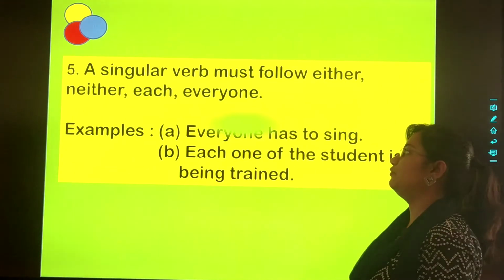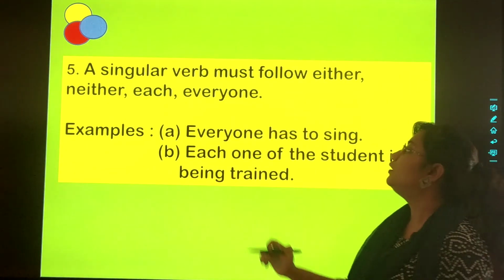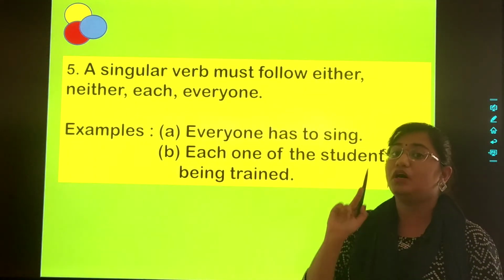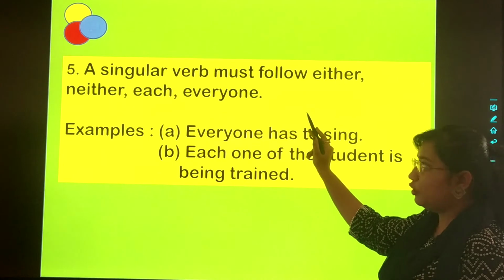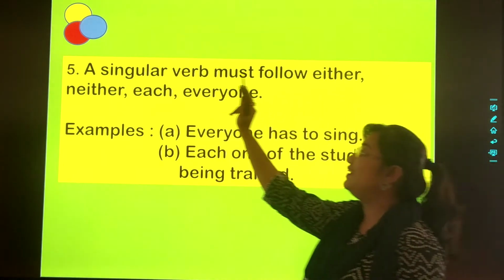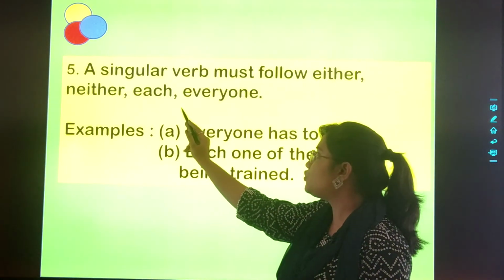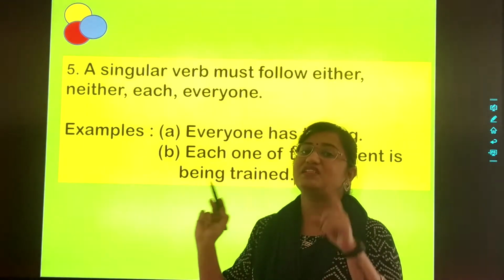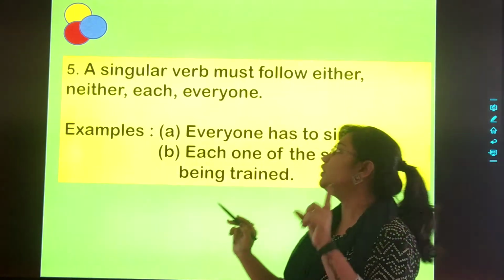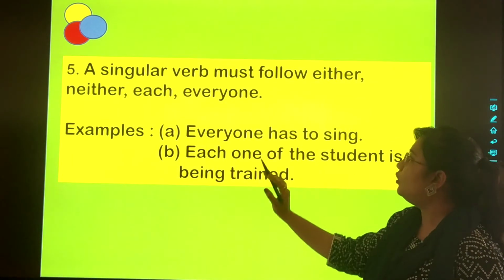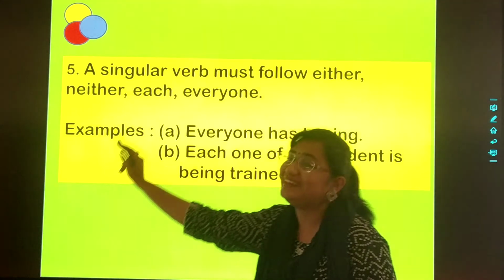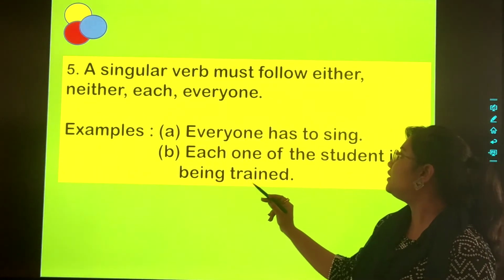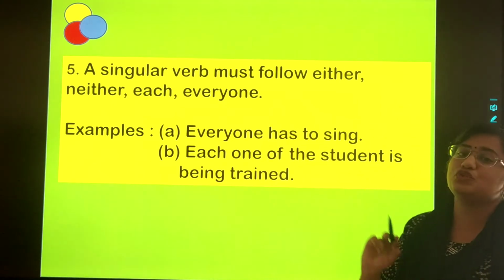Rule number 5. Very simple. A singular verb must follow either, neither, each, everyone. Always, when you are using a singular verb, it will be preceded by either, neither, each or everyone. See the examples. Everyone has to sing.